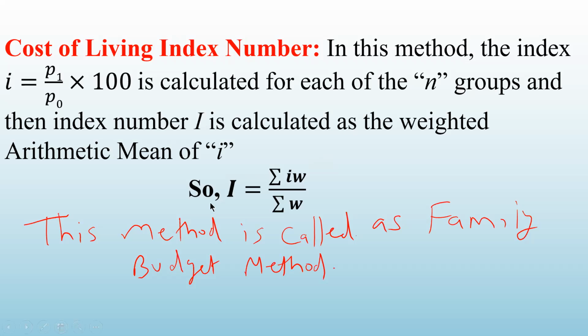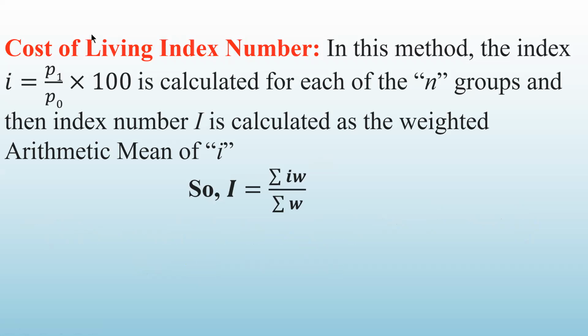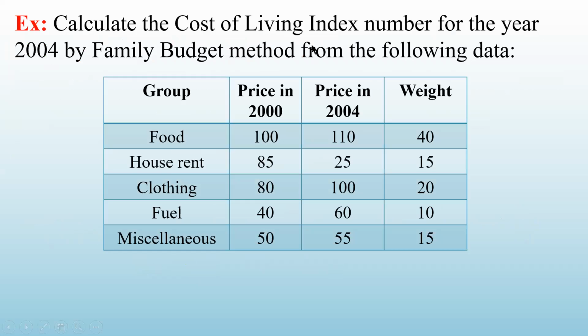Now let us calculate the cost of living index number for the different data given to you. So take the first question. Calculate the cost of living index number for the year 2004 by family budget method from the following data.